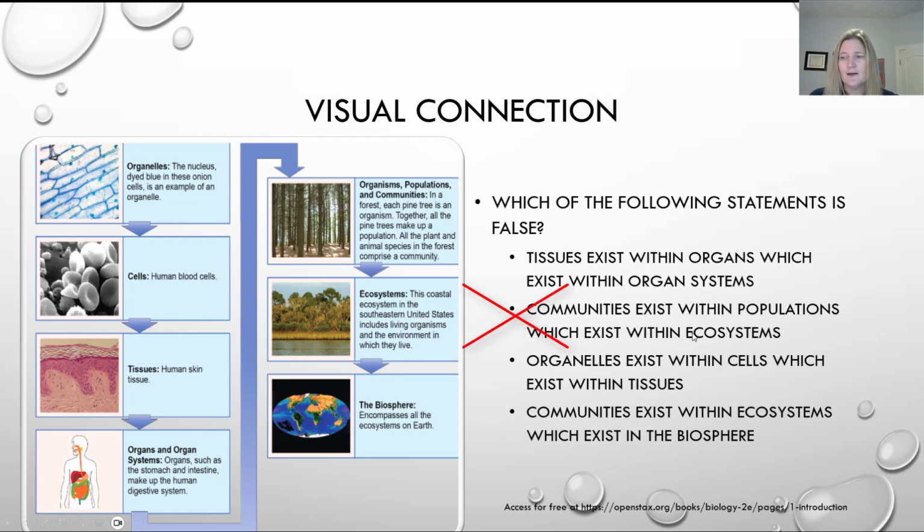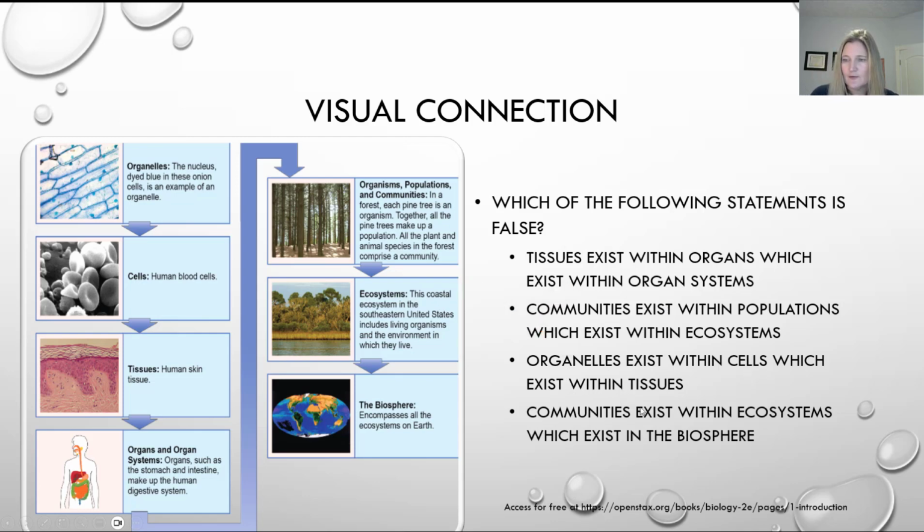So it should be switched. Populations exist within communities, which exist within ecosystems. So this one is false. The order is switched. Okay, so populations exist within communities, communities exist within ecosystems. So this one's false. Let's see if there's any other false ones.